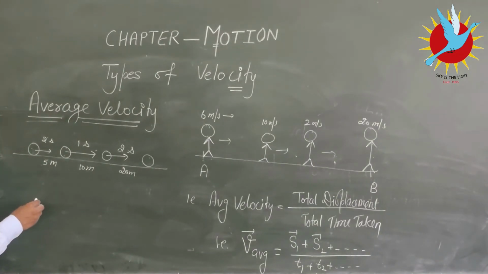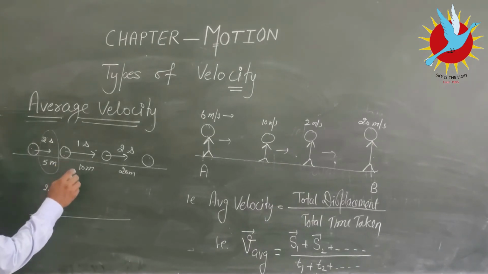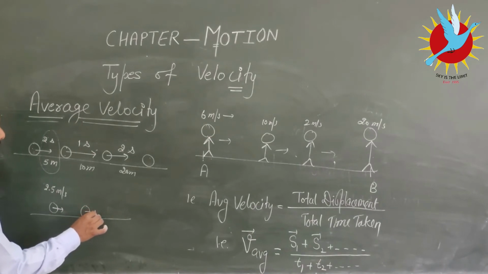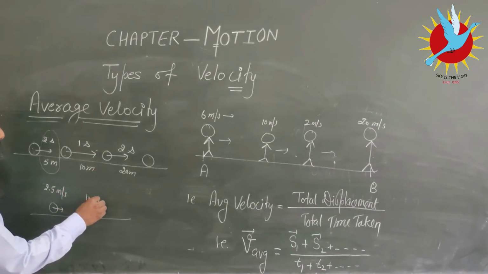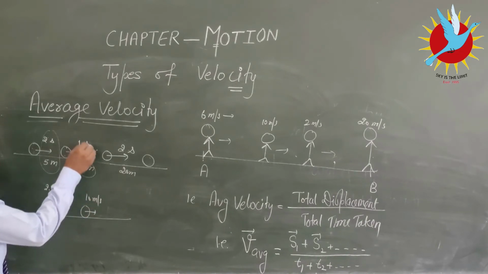Here, in the first part, its velocity is 2.5 meters per second. After 1 second, its velocity becomes 10 meters per second, 10 divided by 1.